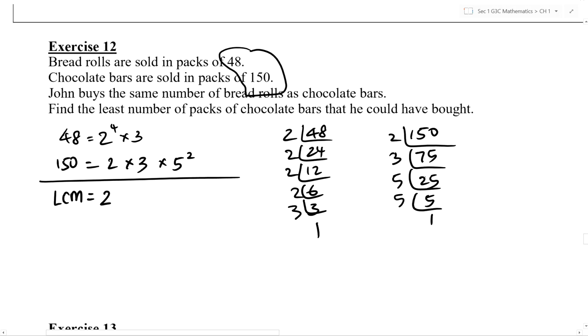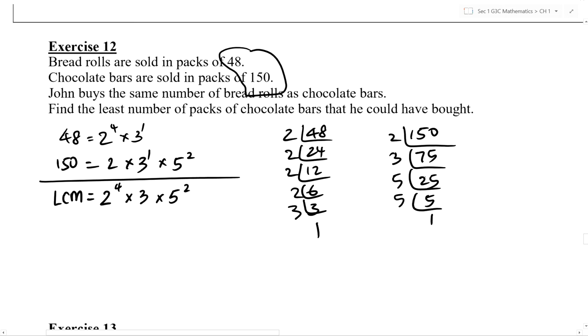What is the power of 2? Based on my prime factorization, what is the power of 2 over here? Take the higher power. What is the higher power? 4, okay. What is the higher power for 3? It is 1. Power 1 over here, power 1 over here. Okay? And the last one, 5 squared.